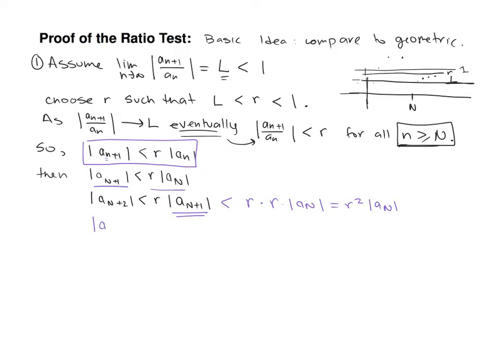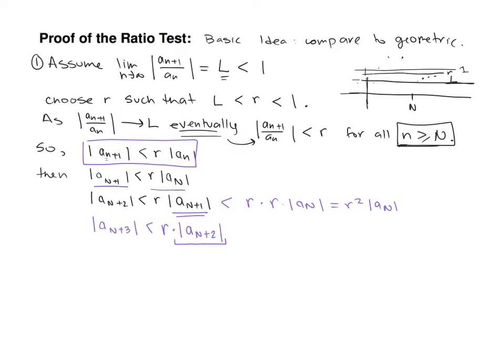We'll do one more. How about A sub capital N plus 3? That's less than R times the absolute value of A sub N plus 2. Do you know something that A sub N plus 2 is less than, something that's bigger than it?